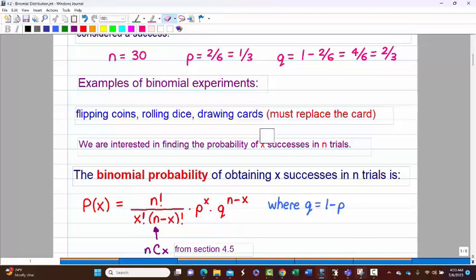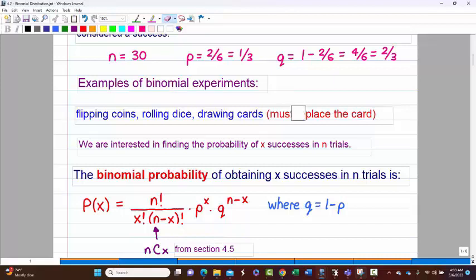Other things would not be, like rolling dice or flipping coins, or, as we'll talk about in a little bit, guessing questions on a multiple choice test, assuming that one question does not depend upon the other. So that would be binomial.